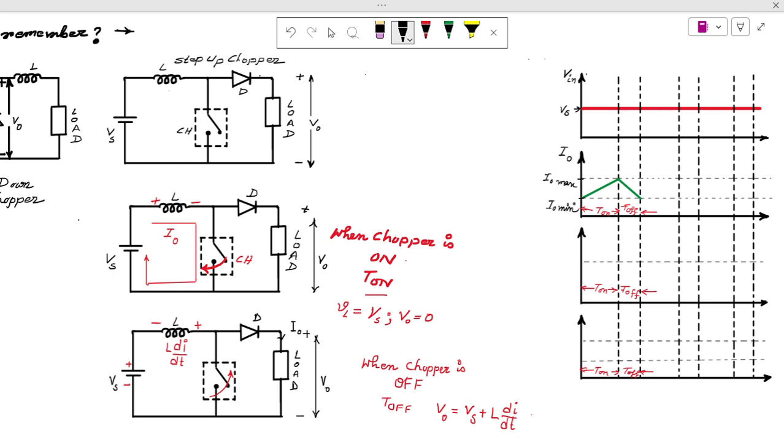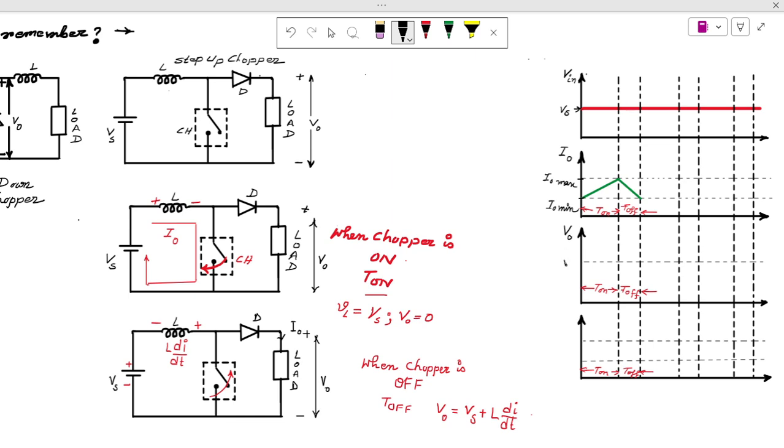Look at here, the current will increase from I0 min to I0 max when the chopper is on. When the chopper is off, the current will decrease from I0 max to I0 min. And this will repeat and continue. And we get some voltages, and this value will be much more than the supply voltage, and this will be the waveform of V0.